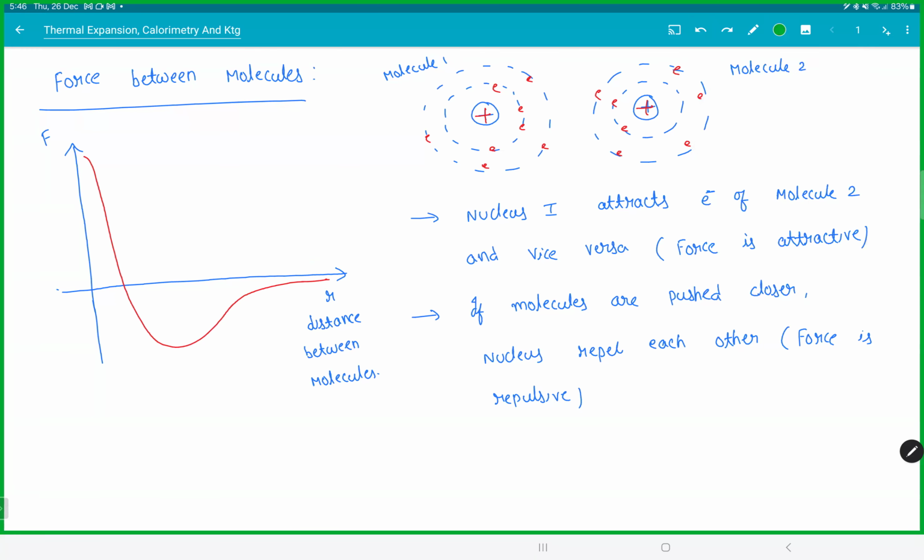As R decreases, meaning you're getting them closer and closer, you can see force is becoming more and more negative. The negative force indicates it is attractive in nature. But if you push them too close, the force becomes repulsive, so F has become positive. There is one particular spot here where you get a maximum force of attraction. This is what we call the bond length.